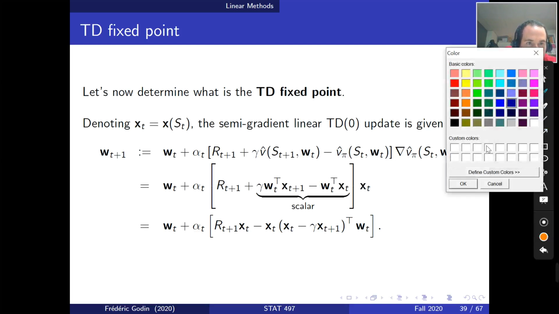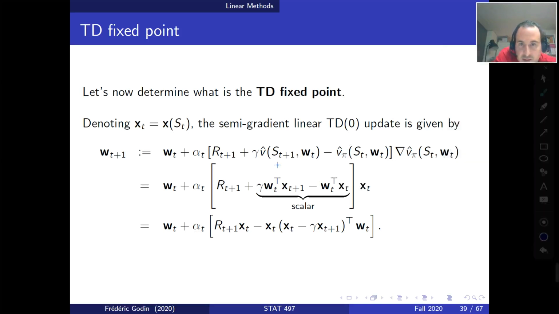So this can be expressed as w_t transpose x_{t+1}. And this one is w_t transpose x_t.